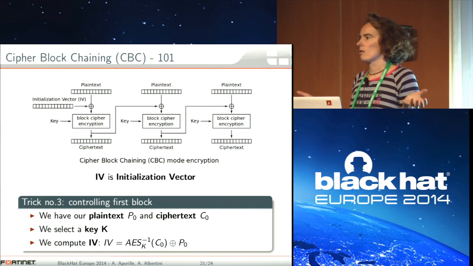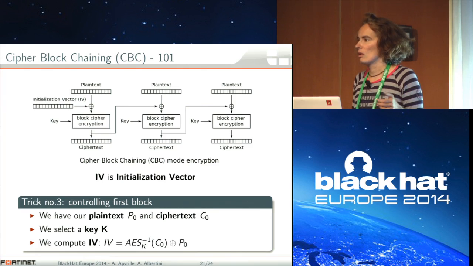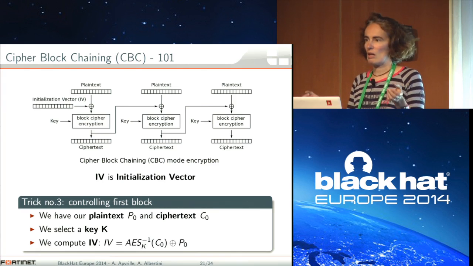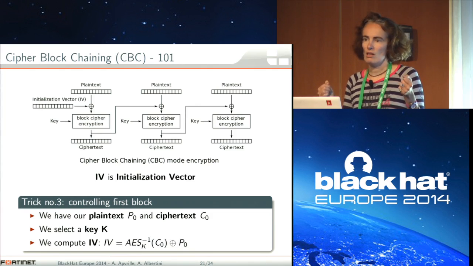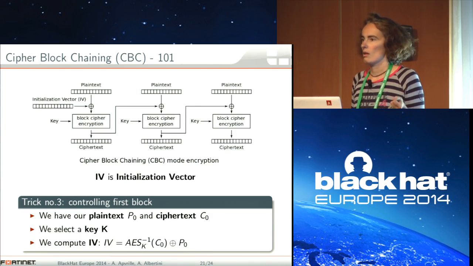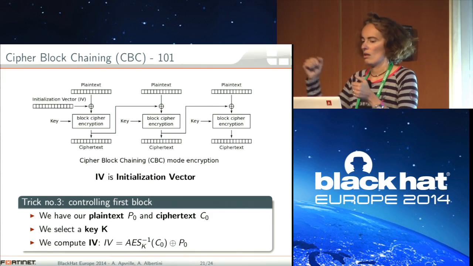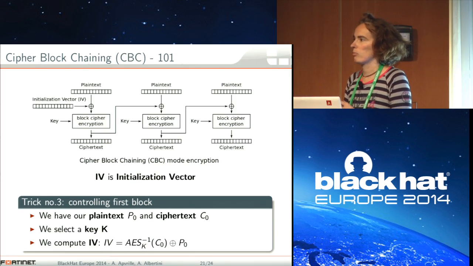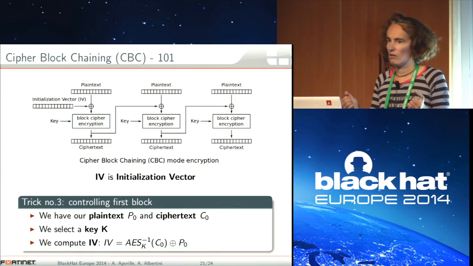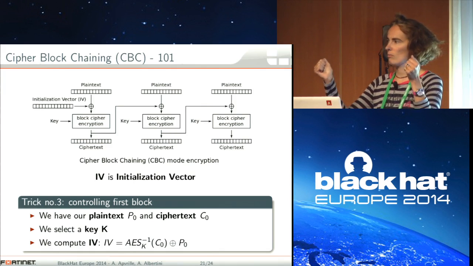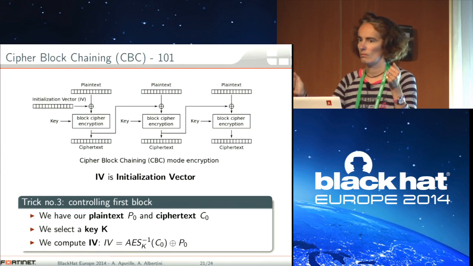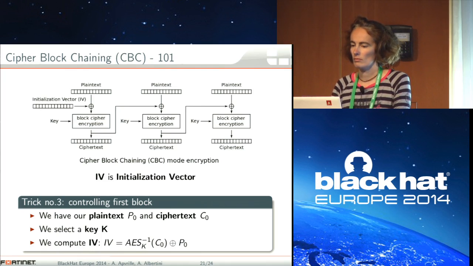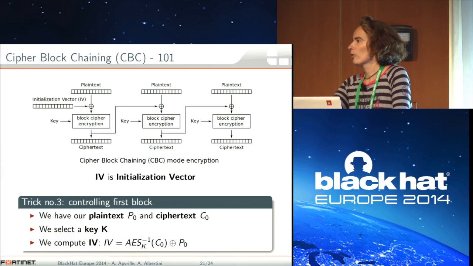And then it's just a pure and very simple equation. We just have to compute the IV that will work. To do that, you just take the first ciphertext, decrypt it, XOR with the plaintext. And that will give you the IV that has the first two blocks match just perfectly well. So that's good for the first block.